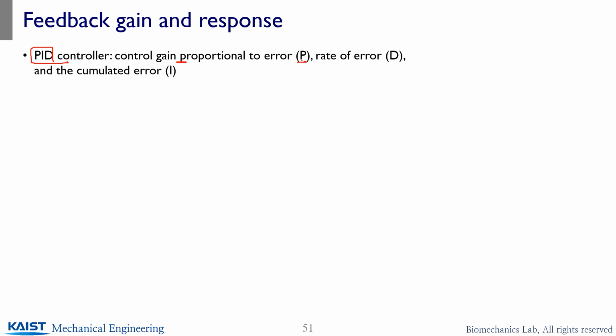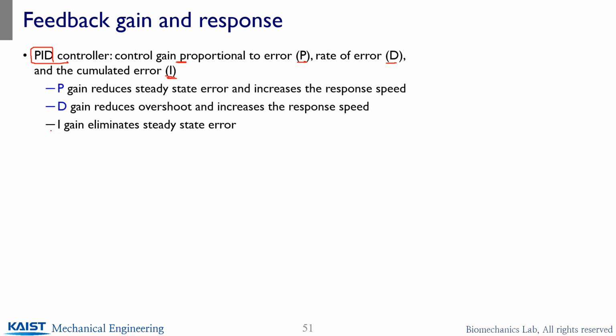And the D is proportional to the derivative of the error, the rate of the error. Okay, that's the D control. And the integral of the error, the cumulative error, proportional amount of control is the I controller. So the PID controller is a typical feedback control example, and each controller has its pros and cons.